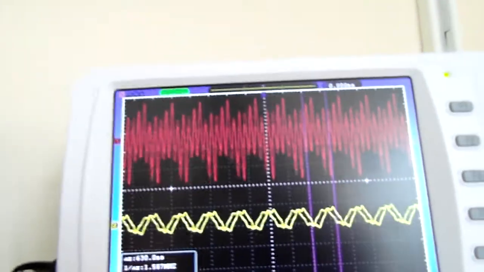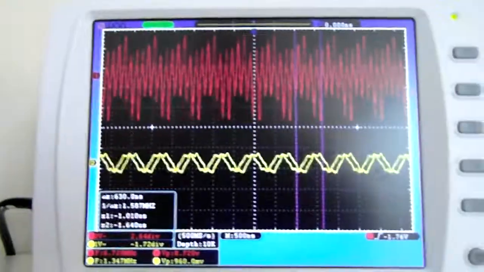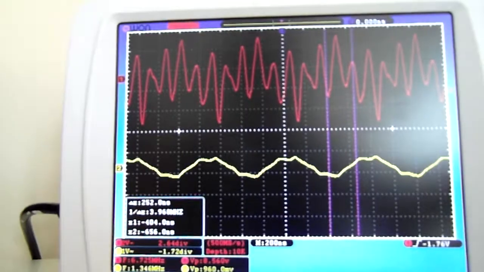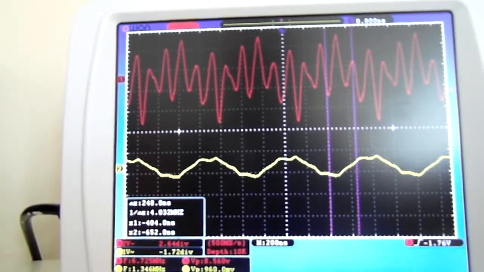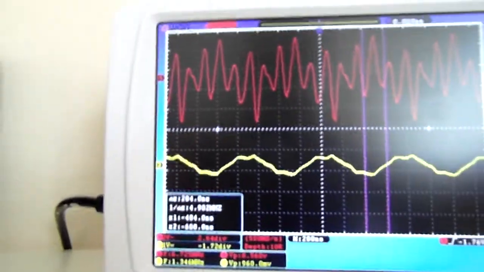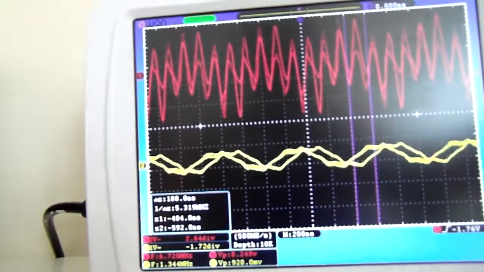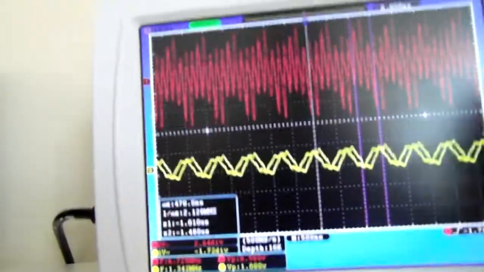And what is funny is at this time, the input current is half an ampere. It's really not consuming much. And the high frequency that is interfering always is about 4.05 megahertz. I don't know why it appears.